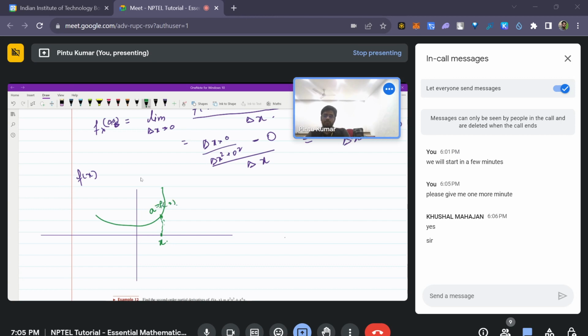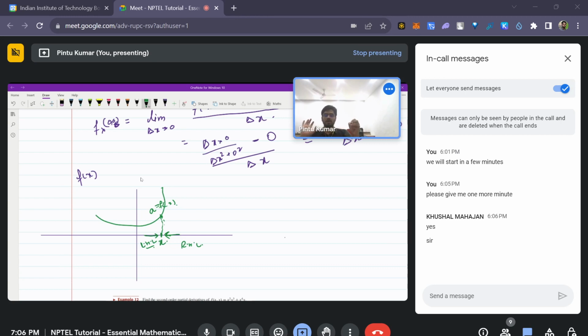Now to approach this point x, you have two ways. You can approach it from the right, where we used to calculate the right hand limit, and the other way to approach was the left hand limit, right? So there were only two ways to reach x. That's why we used to check whether our left hand limit is equal to our right hand limit or not.